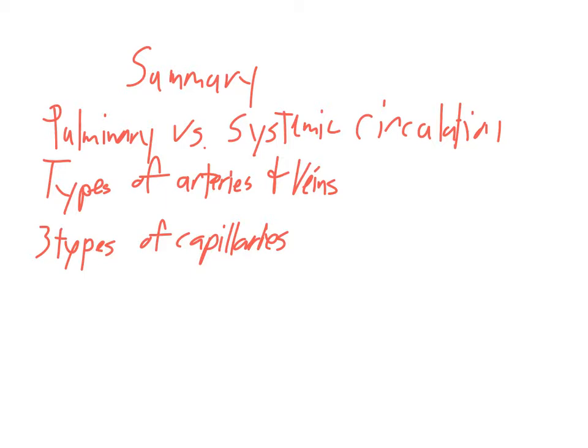You need to know what a portal system is, and at least one example of where you would find a portal system of the body, and you need to be able to recognize a portal system when one is described to you.